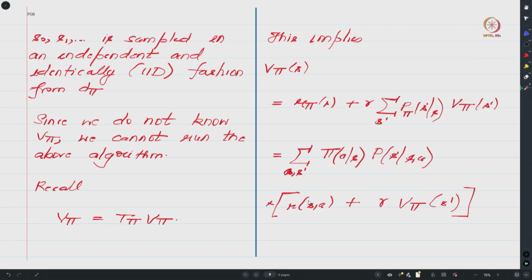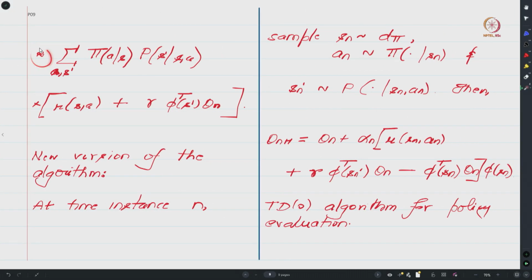But notice that while we do not know V pi here, we can approximate it with what we know right now. In particular, at time instance n we know theta n, and phi theta n can be imagined to be the estimate of V pi at time instance n, and hence one can imagine that this expectation is approximately equal to this expectation. Of course, whether this approximation is good or not will depend on how good your phi is and how good your n is.